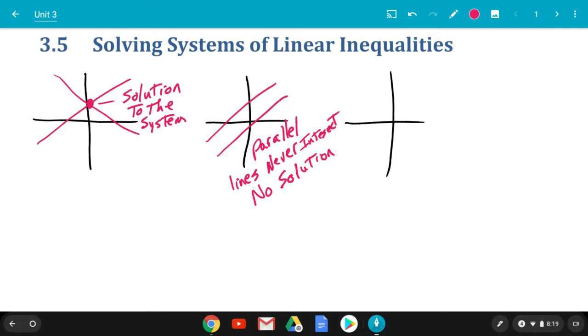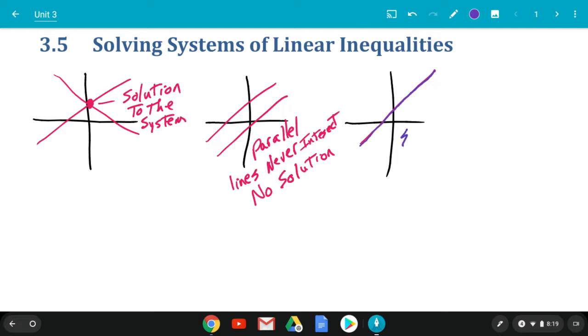Now there's one more situation that's very similar to lines being parallel, and that's when you have, say, this line. Let me go to a different color here. Let's go purple. And this line. Do you see the two different lines there? It's kind of hard to see because they lie directly on top of each other, right?